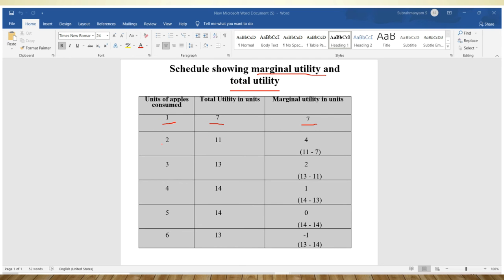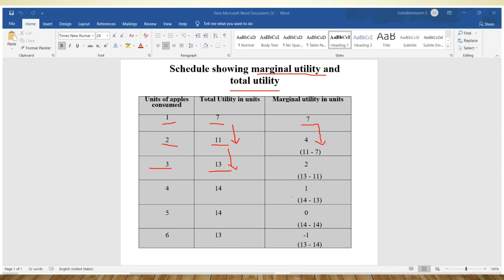Suppose he consumed 2 units, total utility increases from 7 units to 11 units, whereas marginal utility decreases from 7 units to 4 units. Suppose he consumed the third apple, total utility increases from 11 units to 13 units, whereas marginal utility decreases from 4 units to 2 units.